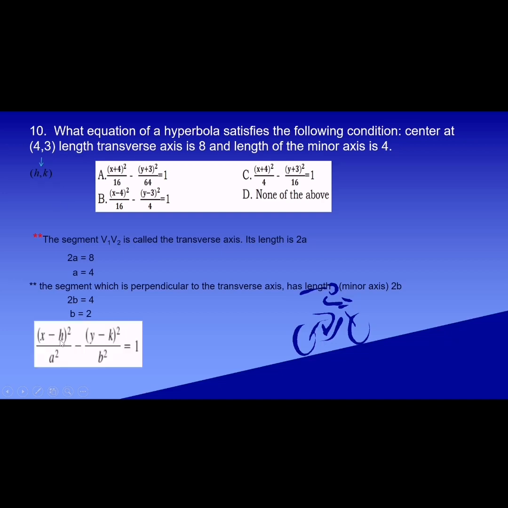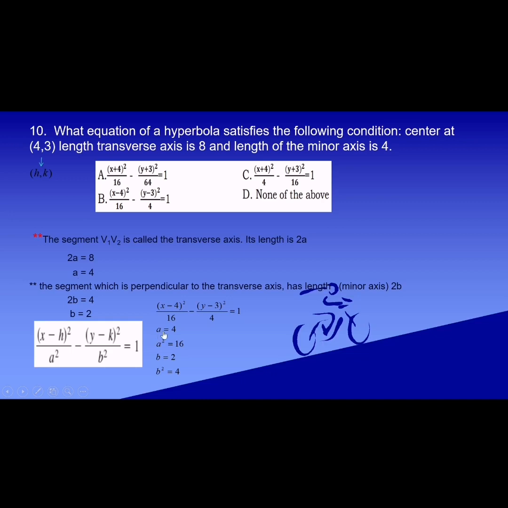So we use the equation with h and k since the center is not at the origin. Let us write x minus 4 since our h is 4, and y minus 3 since our k is 3.